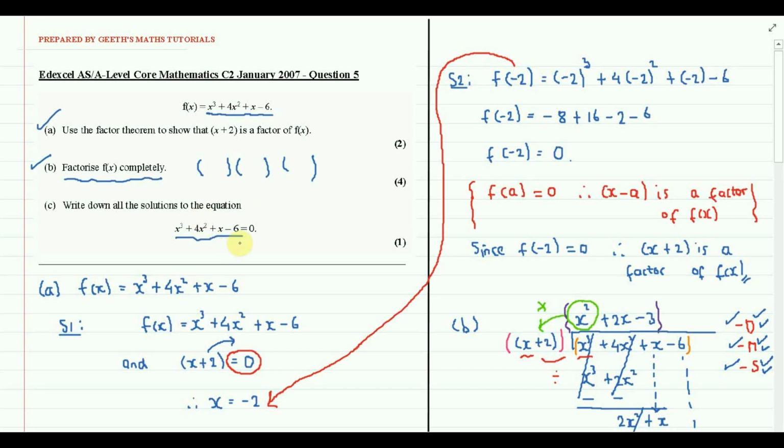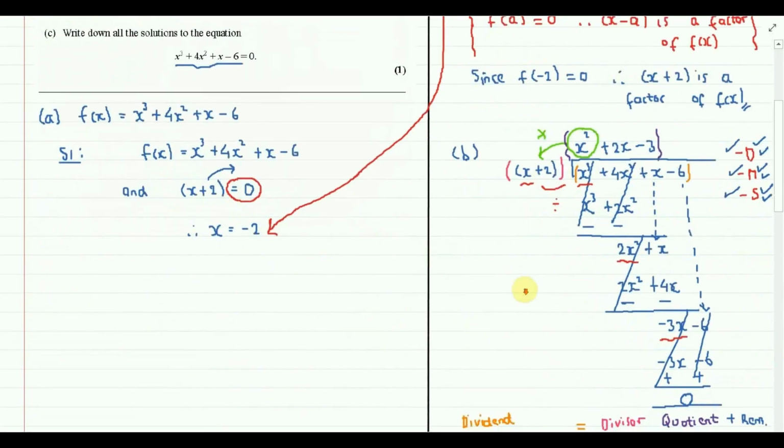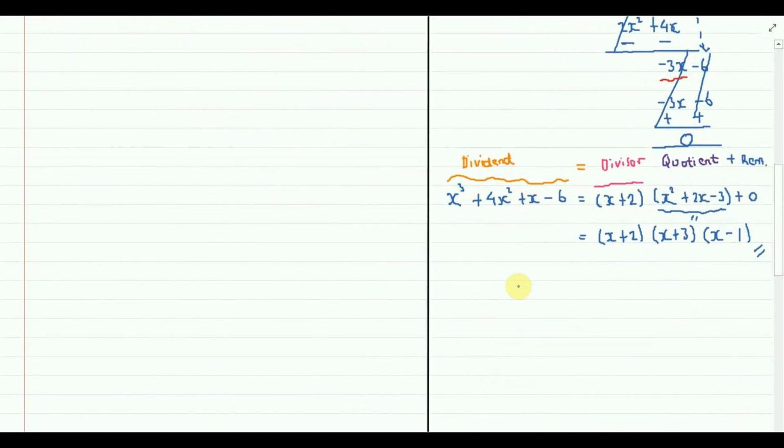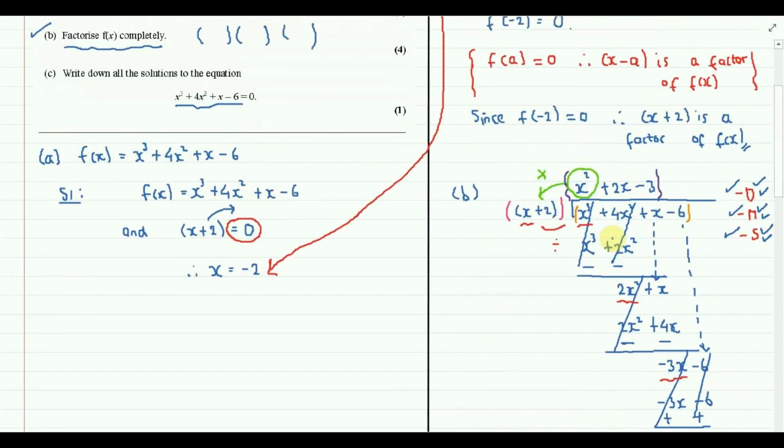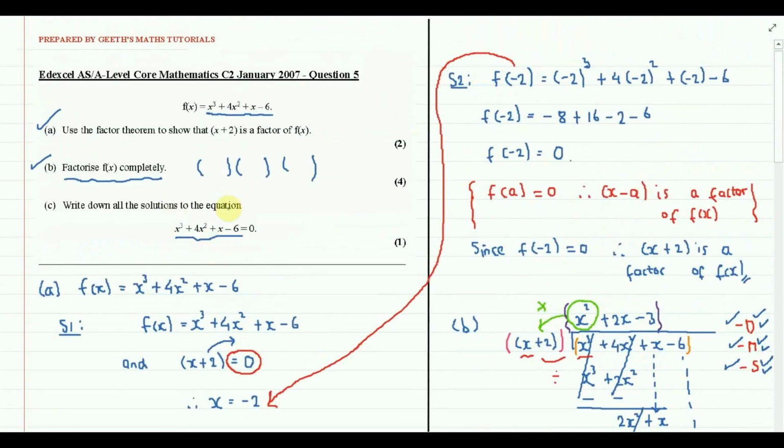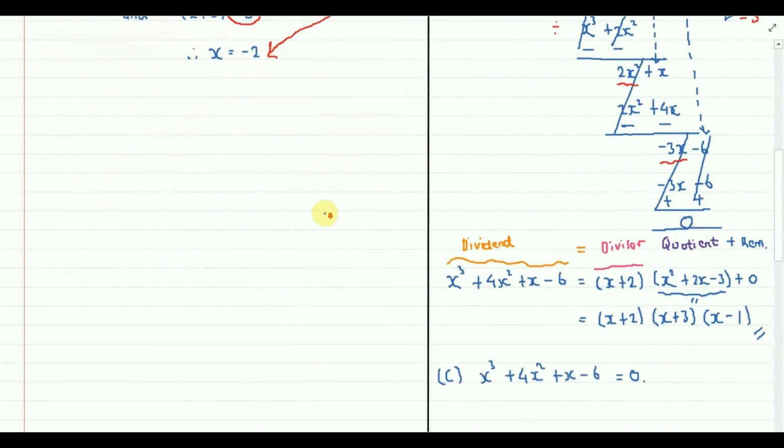So let me copy out part C. For part C we have x cubed plus 4x squared plus x minus 6, and that is equal to 0. So as you can see, I've copied down the equation. And in part B, we factorized the left hand side completely.